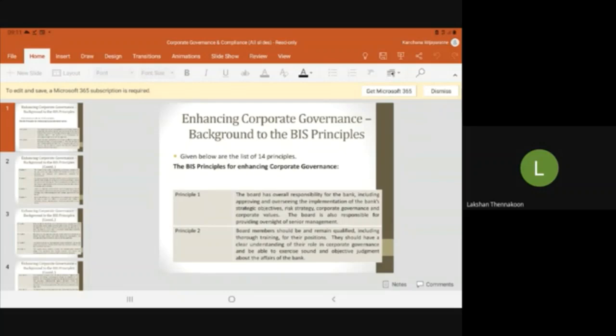So with that, in 2006, the principles targeted the key issues of corporate governance. The main issues of the board. What they found is the board should be appropriately involved in approving the bank strategy.